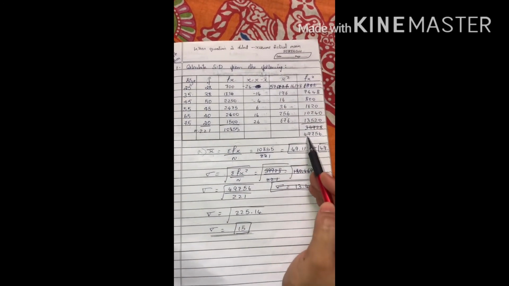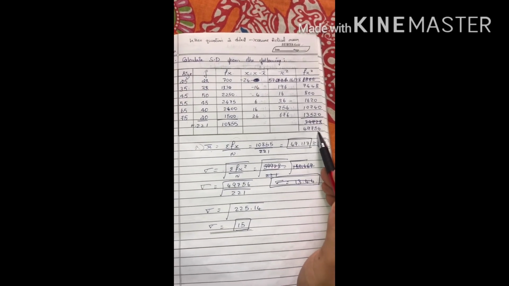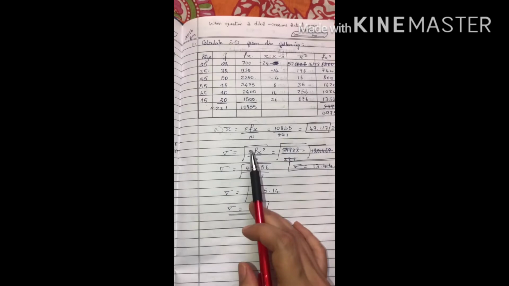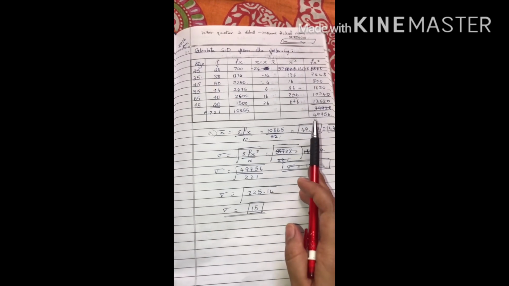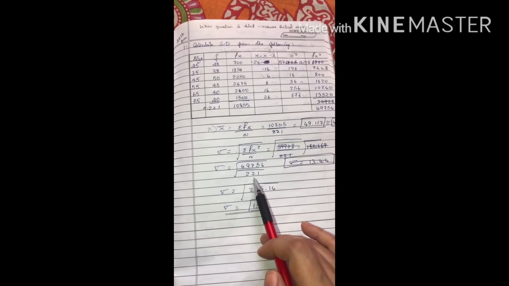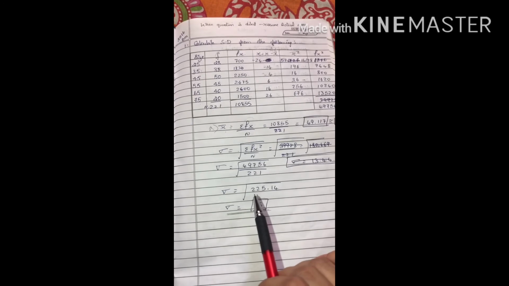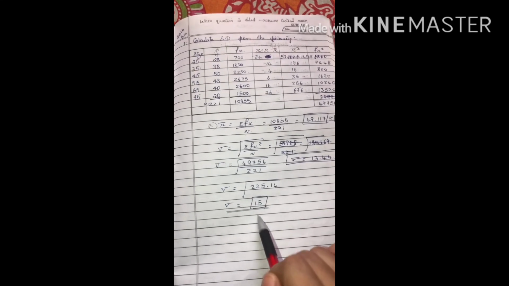Total of this fx square is 49,756. The formula for standard deviation is root of sigma fx square divided by n. 49,756 divided by n, 221, is 225.14. The root for that is 15.